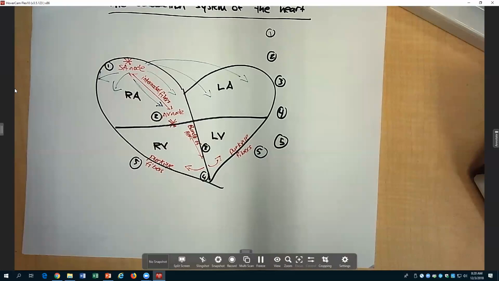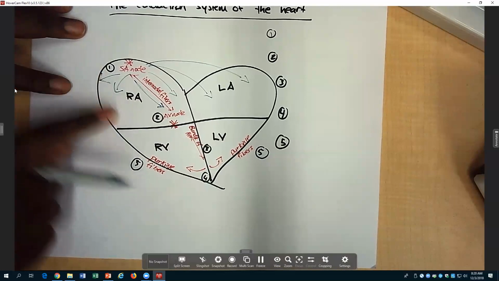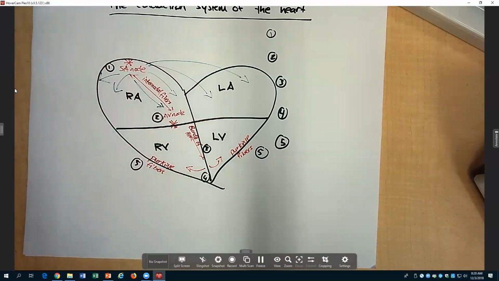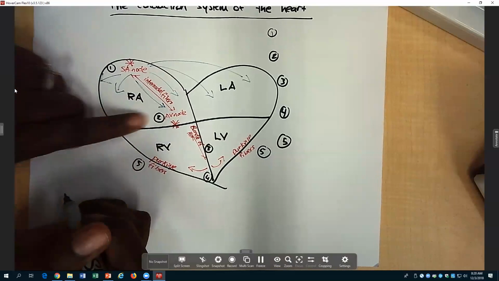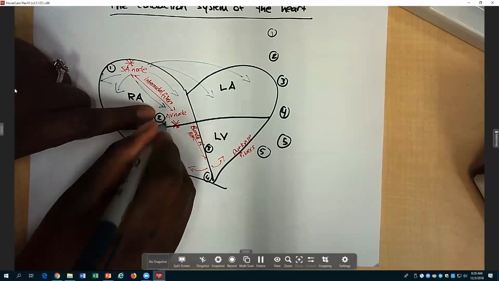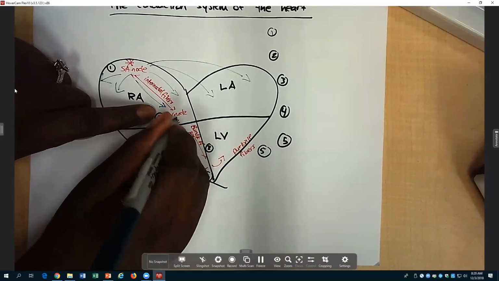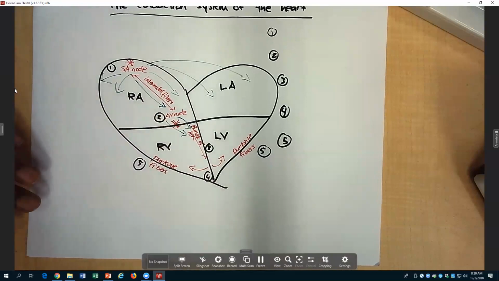Now, because we said that there's a delay of the impulse getting to the AV node, just because the AV node is firing a little bit slower, that is going to allow time for the impulse to propagate throughout both atria. Okay? The action potential is then going to leave the AV node and make its way to the bundle of His here. Right? To the bundle of His.